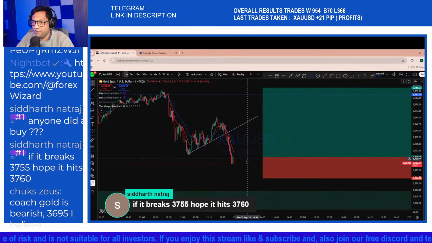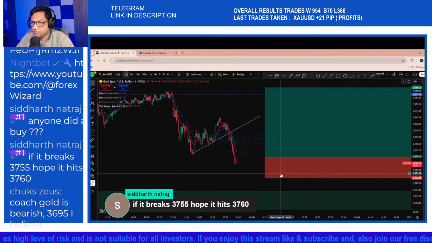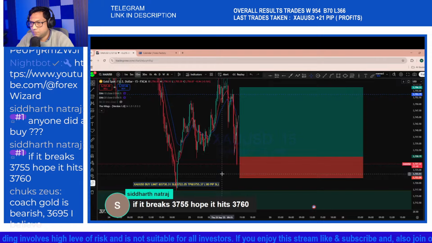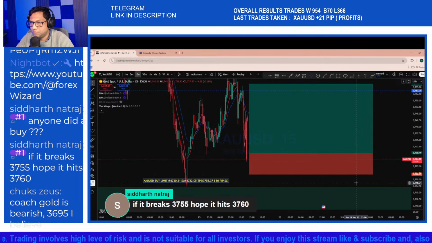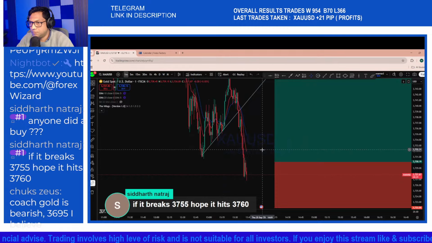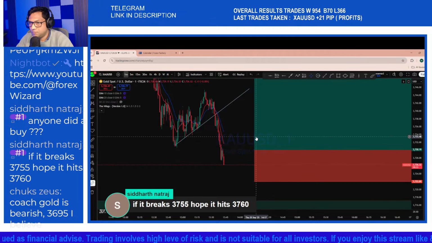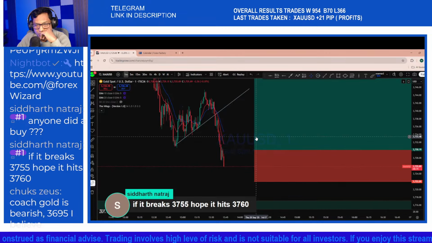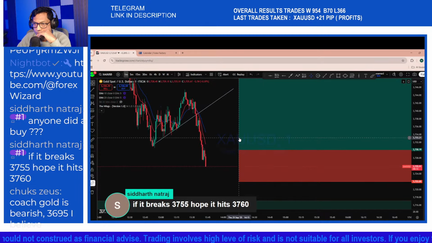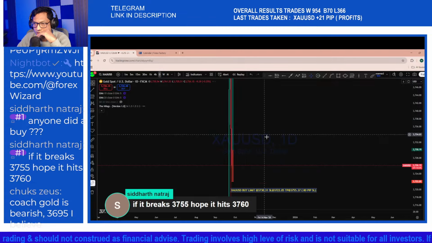If it forms a reversal here, the previous daily low is here.